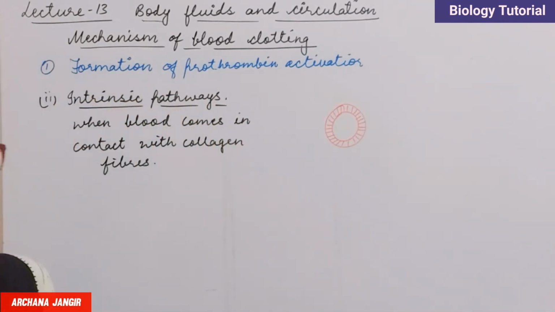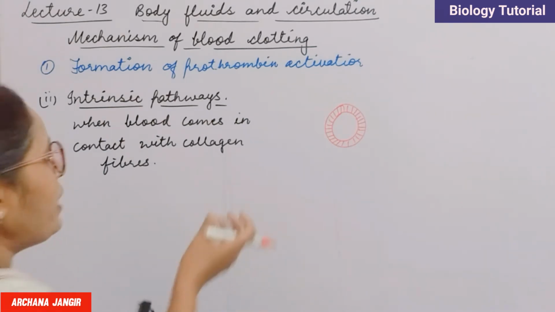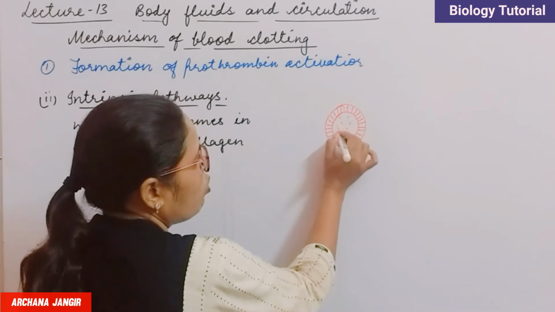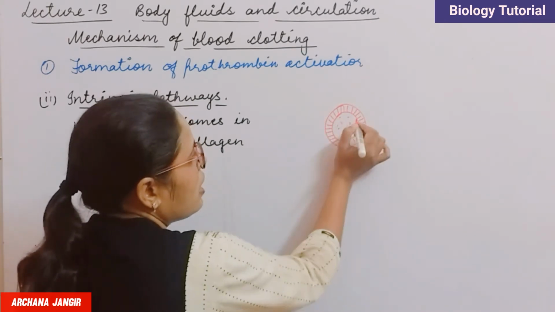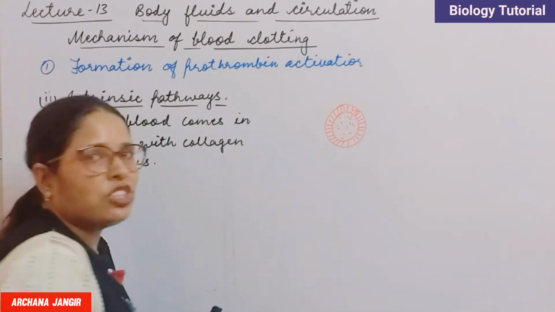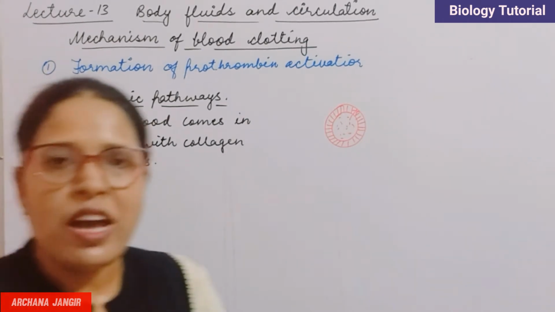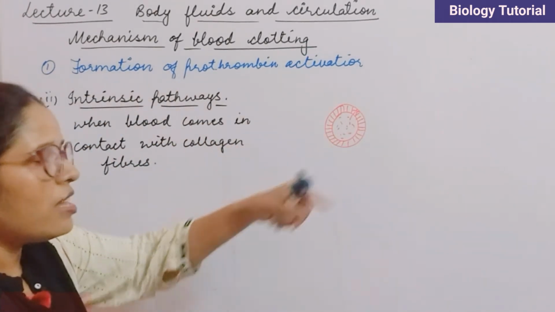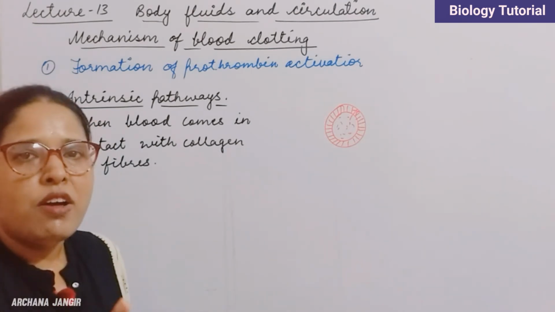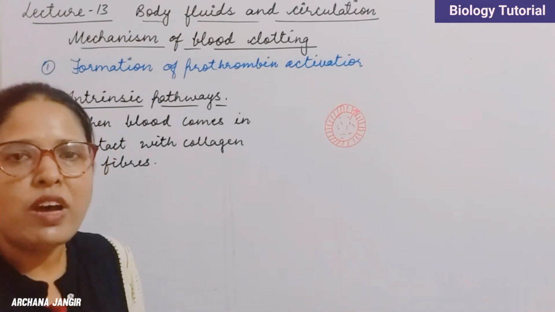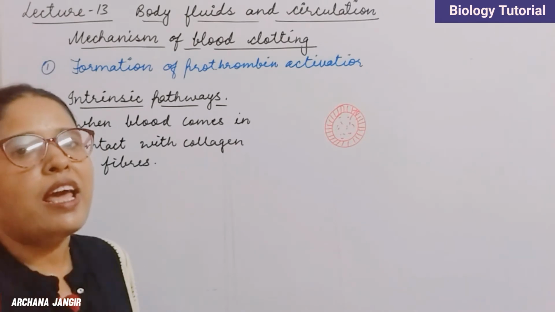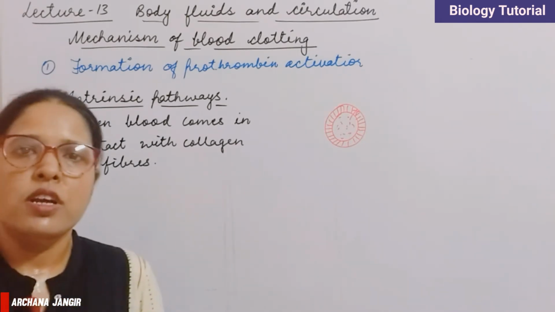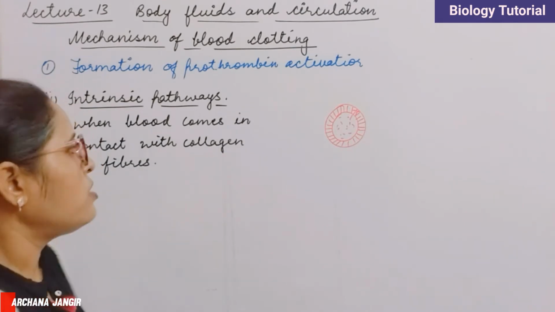When the blood vessel is damaged, the blood which is flowing in this vessel comes in contact with this collagen fiber. That's why it is called the intrinsic pathway, because the process starts with the blood from the inner side. The extrinsic pathway starts when the tissue is damaged. That's why that is called the extrinsic pathway.